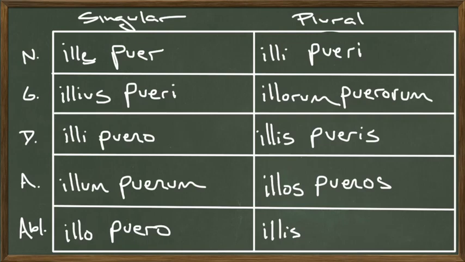And in the ablative, with those boys, illis pueris. We are going with those boys. Okay, so there we have the demonstrative pronoun, meaning that or those, the distant demonstrative pronoun, talking about a noun at some distance away from us, and that's with a masculine noun.